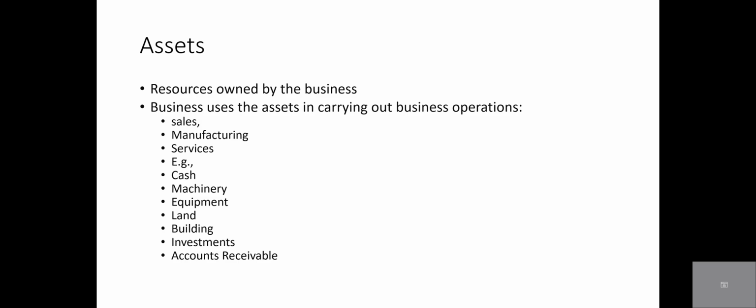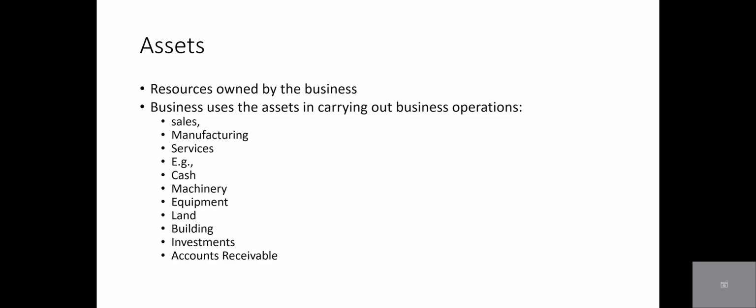The same goes for manufacturing. For example, a company manufactures certain products, so they also use these assets to manufacture their products. And then services: certain companies provide services. They are not manufacturing, they are not selling any tangible assets, but they are providing some services, so they also need these assets to carry out their operations.